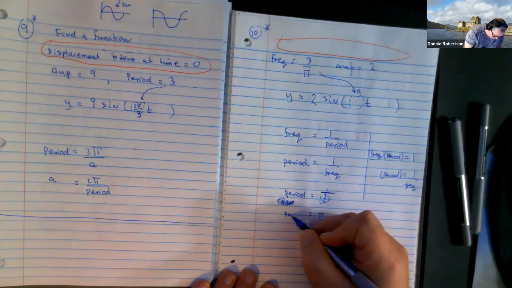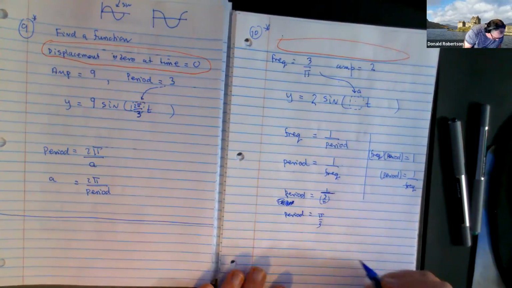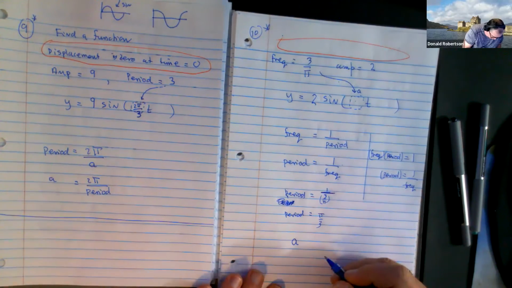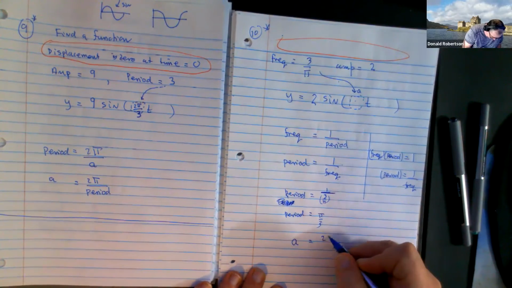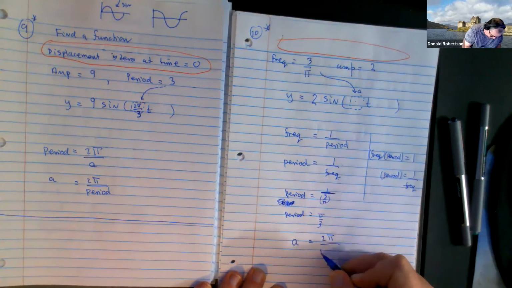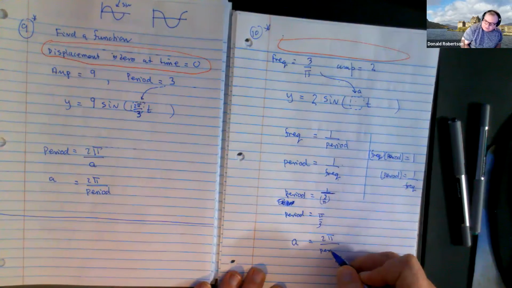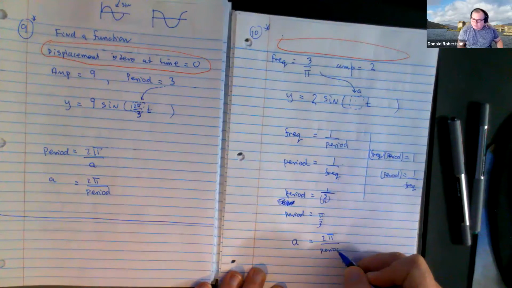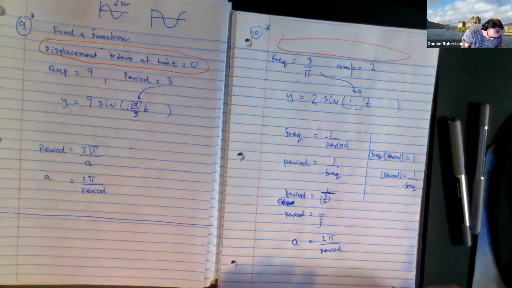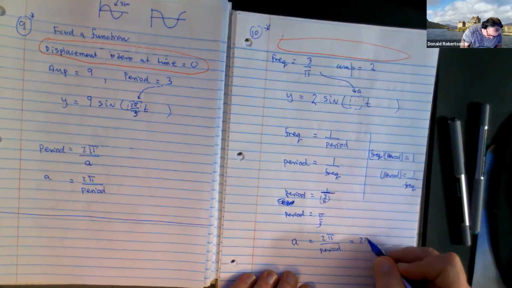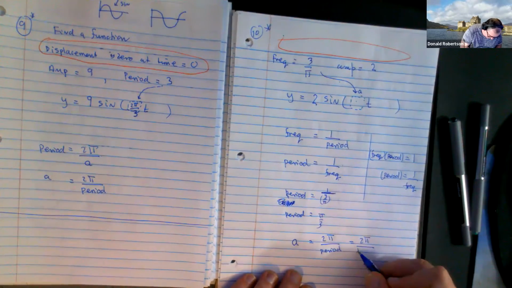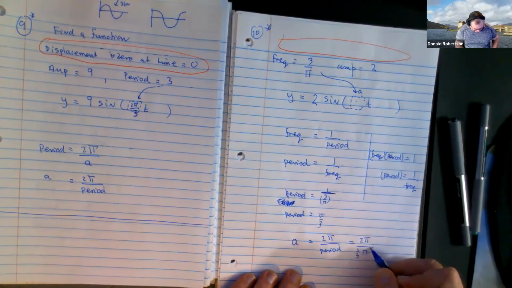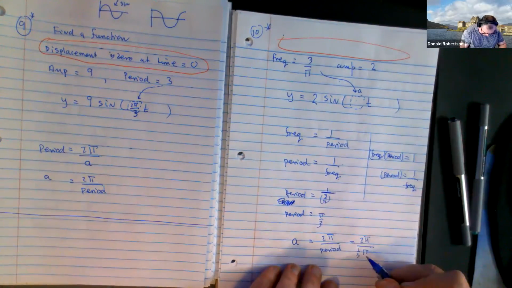Now you're going to go round in a weird circle here. To get A, don't you take 2 pi and divide it by the period? Right? So you're going to take 2 pi and divide it by 1/3 pi, or pi over 3.